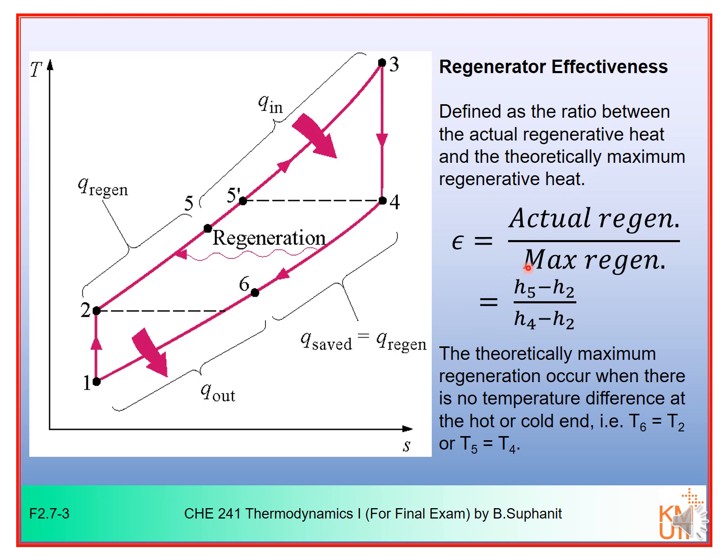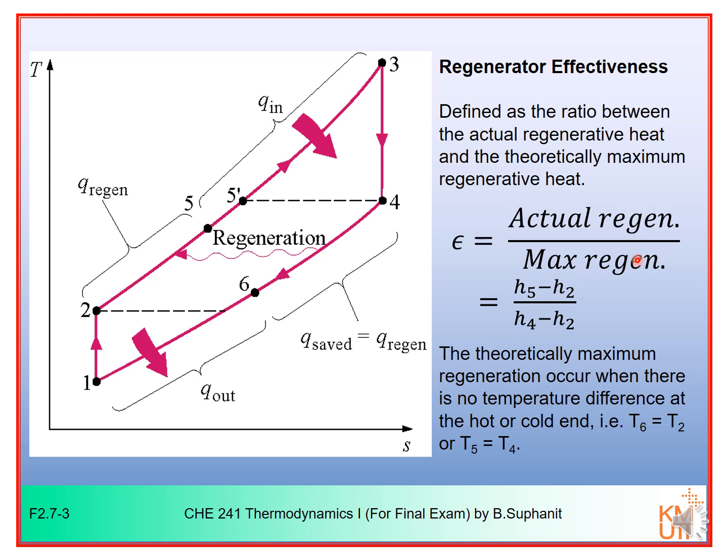The performance of the heat exchanger or the regenerator can be defined in terms of the regenerator effectiveness. It can be defined as the ratio between the actual regenerative heat and the theoretically maximum regenerative heat, or epsilon equals actual regen divided by maximum regen.